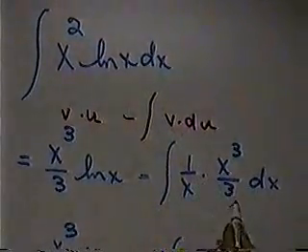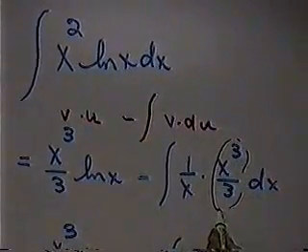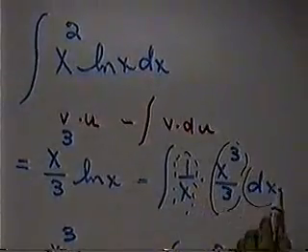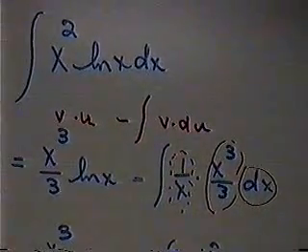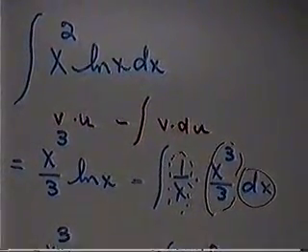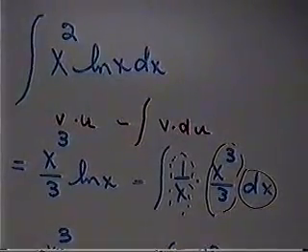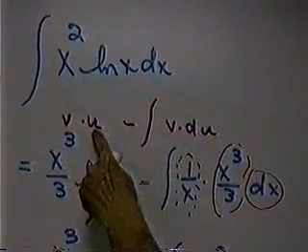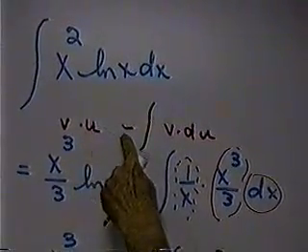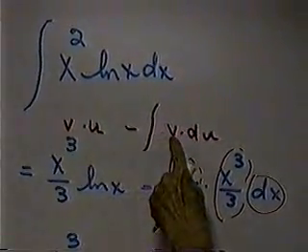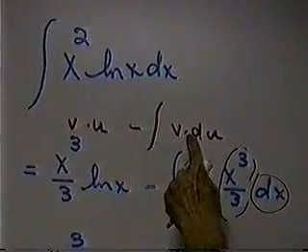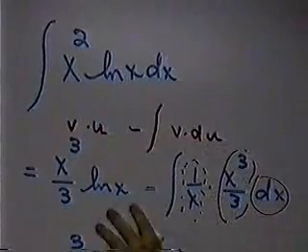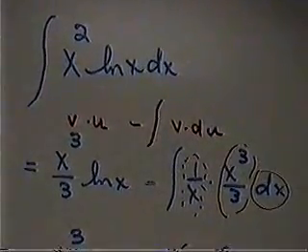Well, v was this, and du was this. All right? So that's integration by parts: the integration part, the original part before you took the derivative, minus the integration of, after you integrate, times after you take the derivative. And then from there, you finish the problem out.